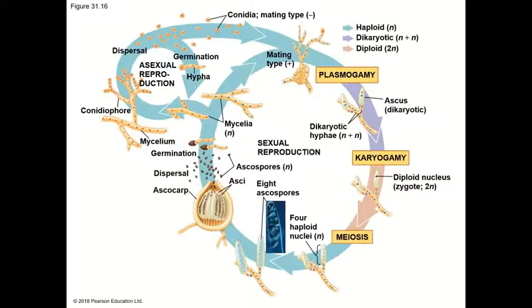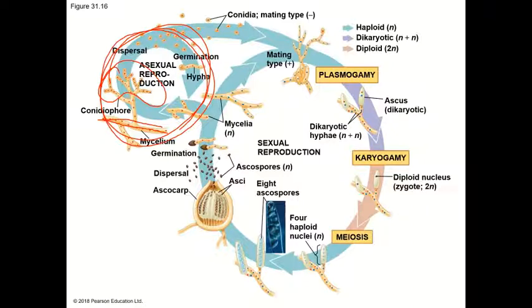So here's the life cycle of a sac fungus, an ascomycete. Again, here is the asexual loop, wherein conidiophores grow from the mycelium. Those circular structures at the tip of the branching mycelium are conidiophores.